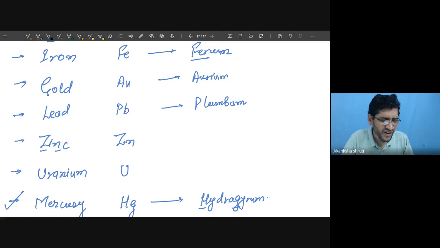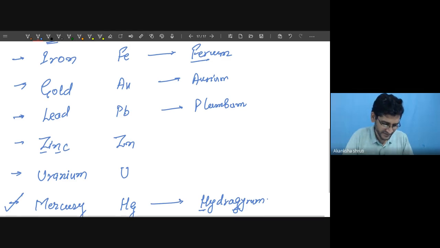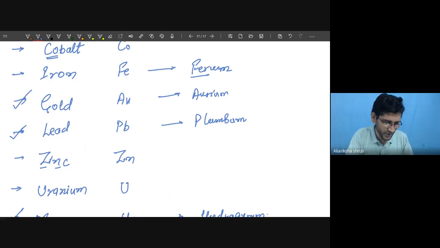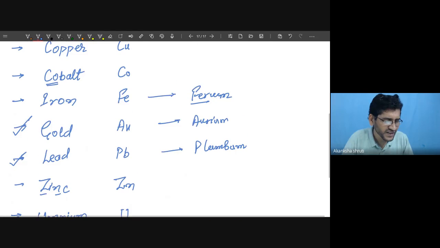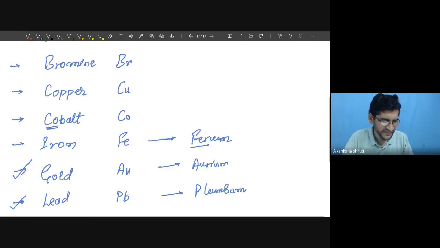Gold, aureum. So lead and gold are other important ones. Iron, ferrum. It is Ferr, double R.